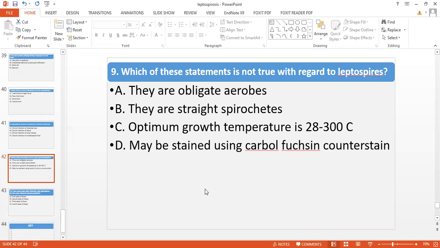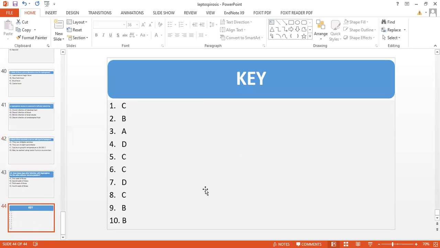That's B. You can remember the shape: these are not straight, these are spiral ones. The correct answer is B. This is the key. And thank you very much.